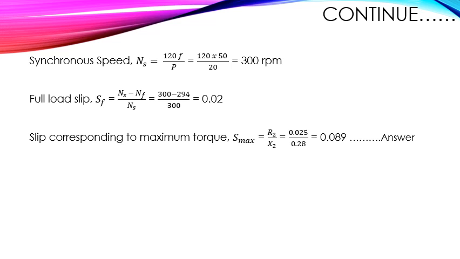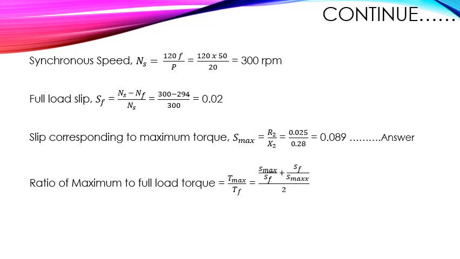Then slip corresponding to maximum torque, and the equation is R2 by X2. Then the ratio of maximum to full load torque is Tmax by Tf, and that is equal to (Smax by Sf plus Sf by Smax) divided by 2. Just put the values here of Smax and Sf and get the answer, that is 2.337.